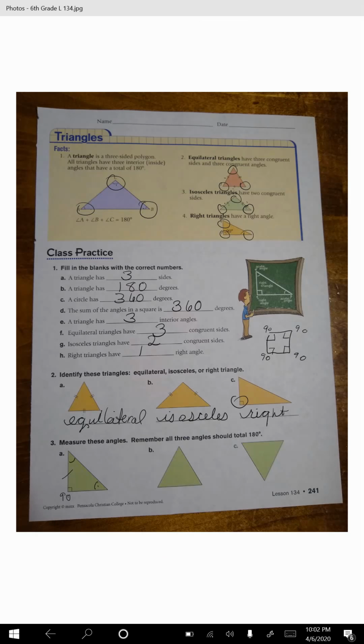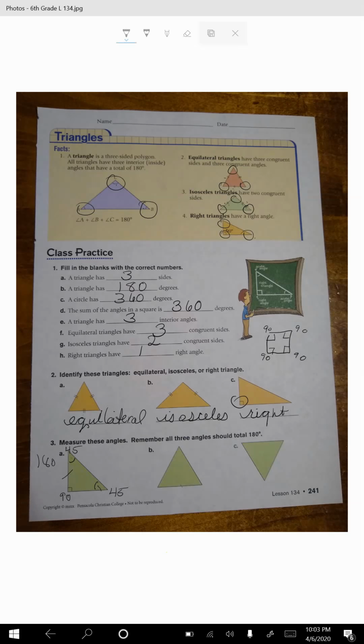The other 2 look like they might have the same. My guess is they're going to be 45 degree angles, because you have to, not 45, that wouldn't work. No, because we got to get 180, don't we? Yeah, forget what I said. 90. Yeah, that would be right. I'm thinking they're 45 degree angles, but you might want to check to make sure.